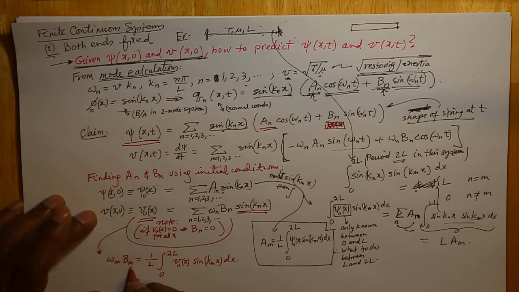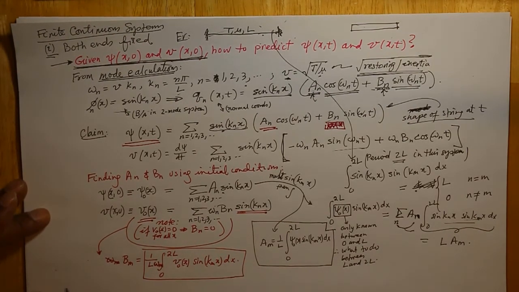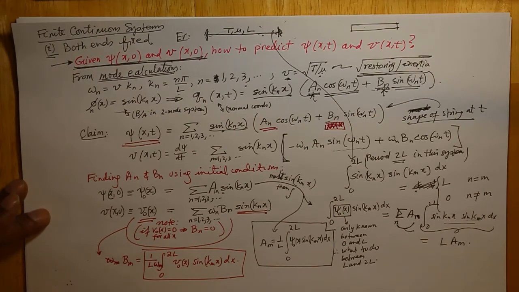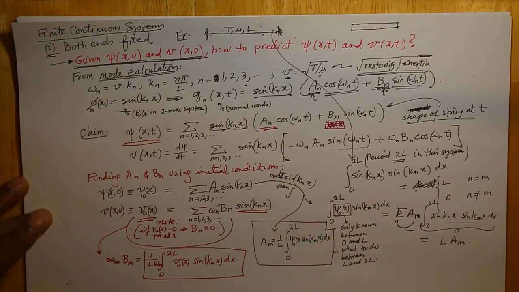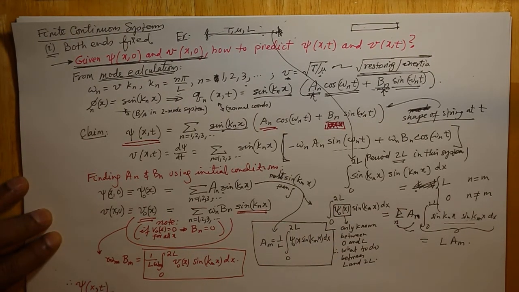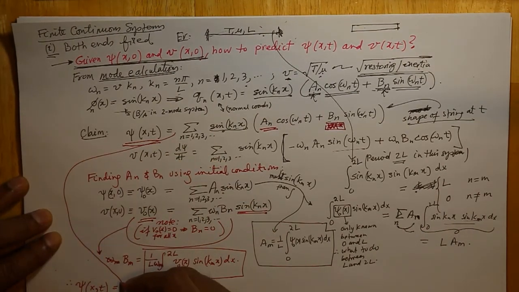And this will give me what bm looks like, so that I can put it over here. So that's my bm. So I got the answer: psi of x, t is over here.